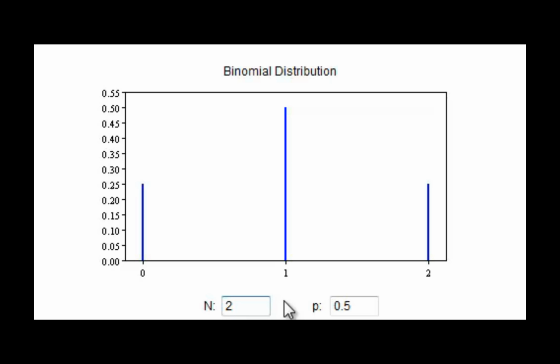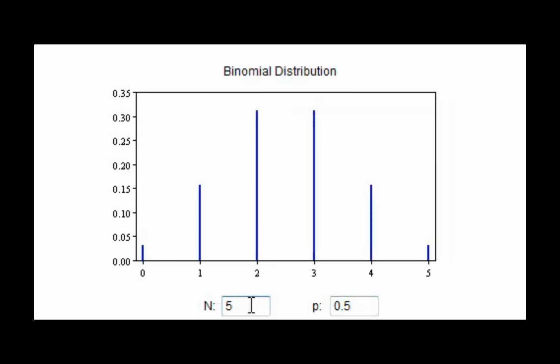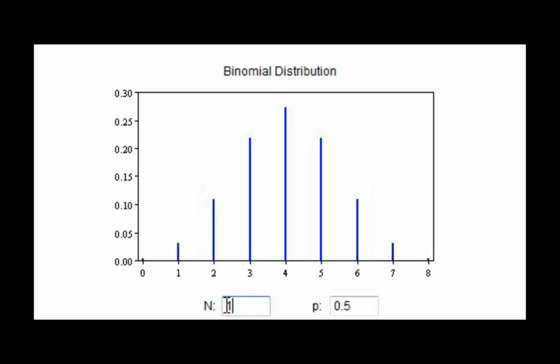Here we've got an image that is pretty close to the distribution we drew in the previous slide, where we have 2 trials or 2 flips of a coin, and pi, the probability of success, is 0.5. Notice that in this web simulation, instead of pi, they use p, but again, we use pi, and we can use this simulation to look at what happens with 5 flips of a coin, 8, 10.